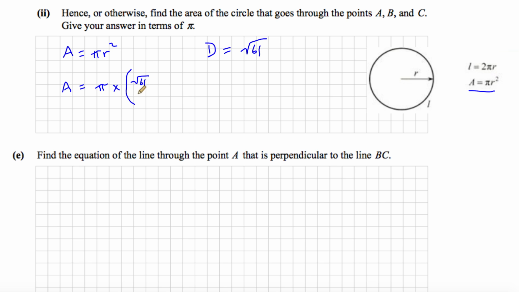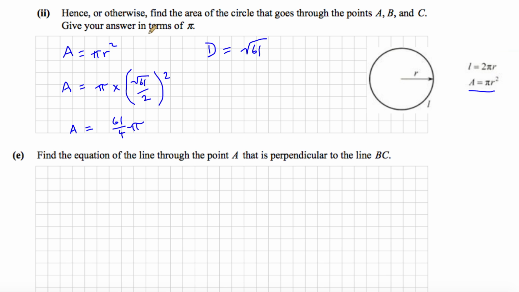So that's root 61 over 2, squared. So when you put all of this into our calculator, we find that the area of the circle is 61 over 4 pi.